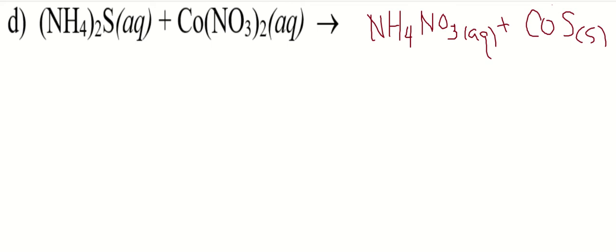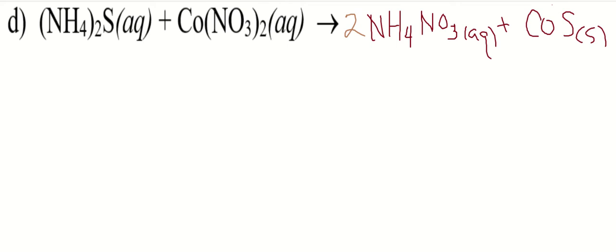We have 2 ammoniums on the left. We had 1, so I put a coefficient of 2 there. That also gives us 2 nitrates, which we already have on the reactant side, and we're balanced: 1, 1, 2, 1. All right, let's write the complete ionic equation.